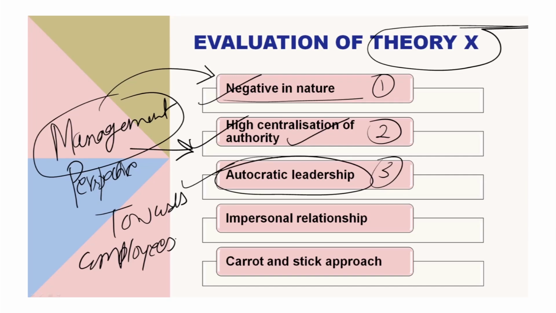The autocratic leader is one, or the supervisor, who dominates decision making with their subordinates and will not listen to any suggestion from them. He or she reserves all the authority to himself or herself.